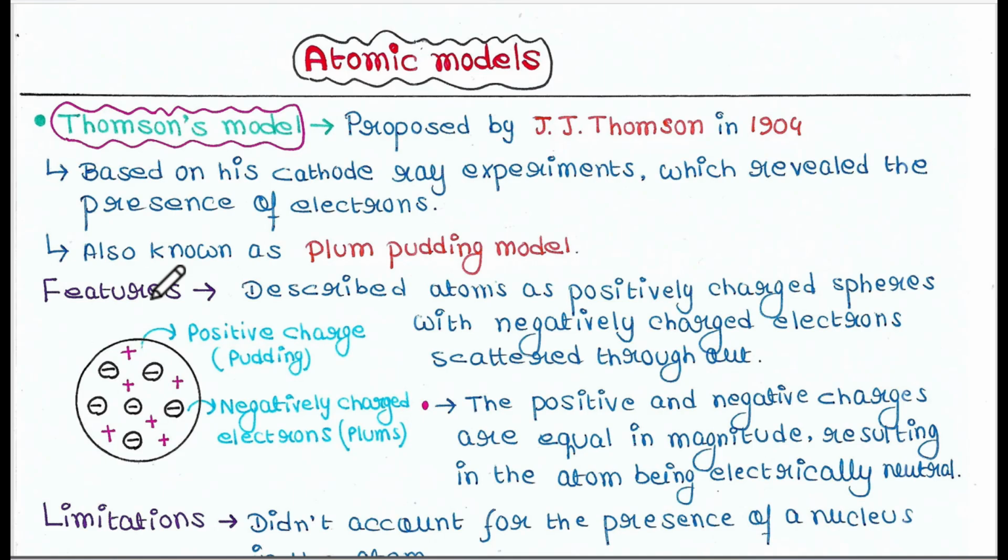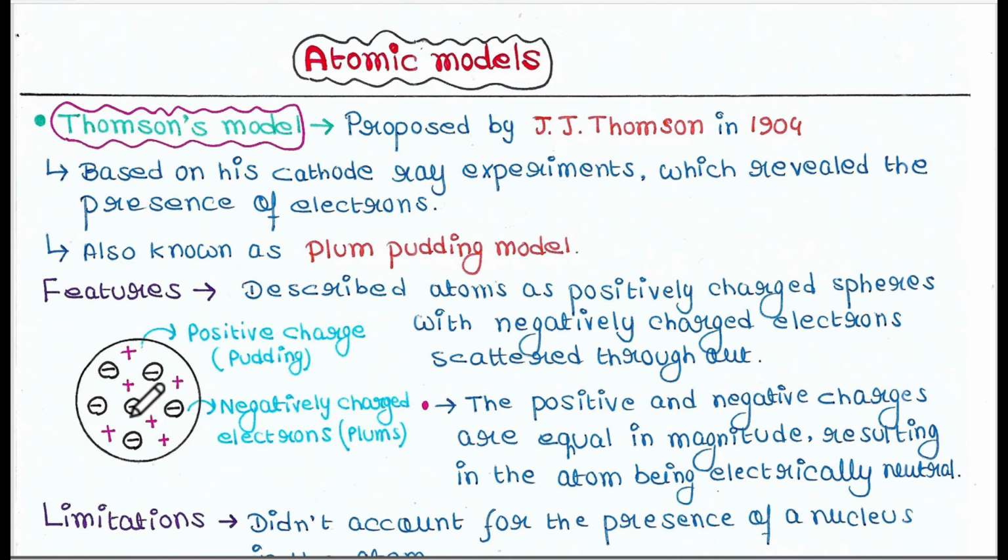This model described atoms as positively charged spheres with negatively charged electrons scattered throughout. So this is the atom, that is a sphere, that is positively charged, and here we have electrons.